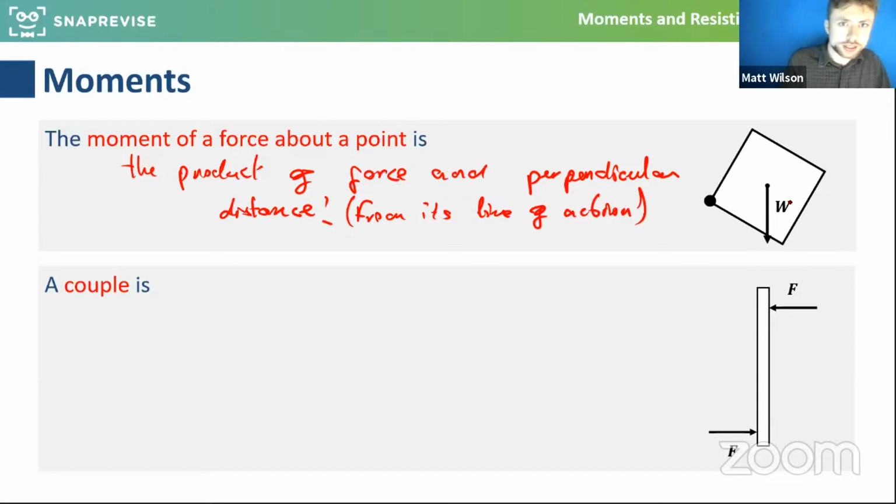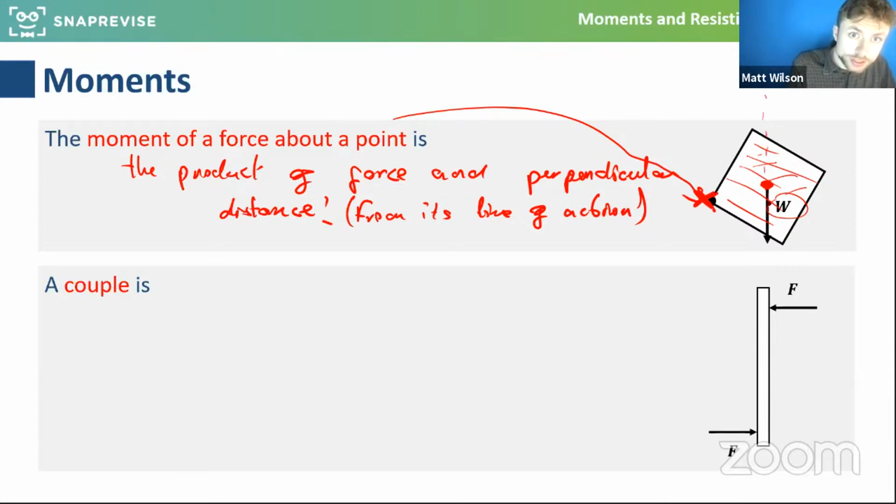Okay, so let's see this in a diagram. Here's an extended object. We've got a whole square made of some mass here, and there's a place from which its weight is acting. So here's its weight, and we want to know its rotational effect about this point here. What we do is draw the line that represents the line the force is acting on, and we just find the shortest distance between this point and that line.